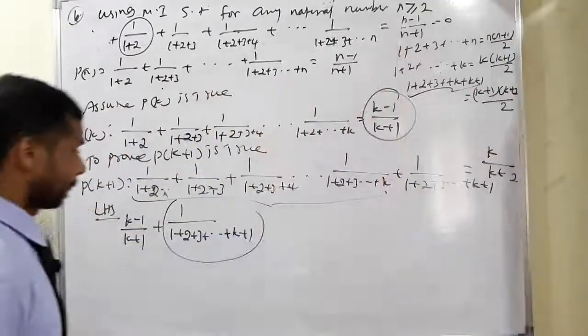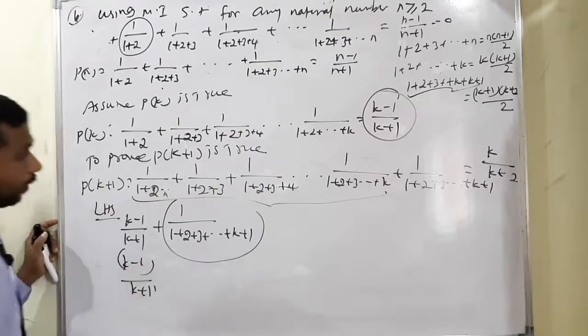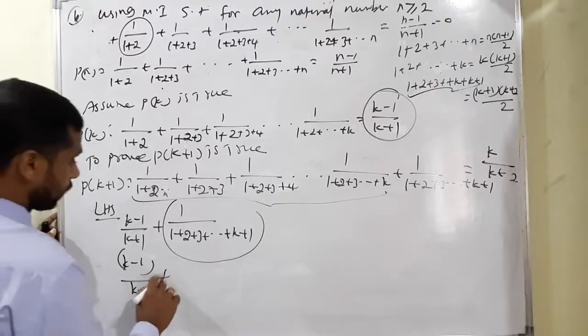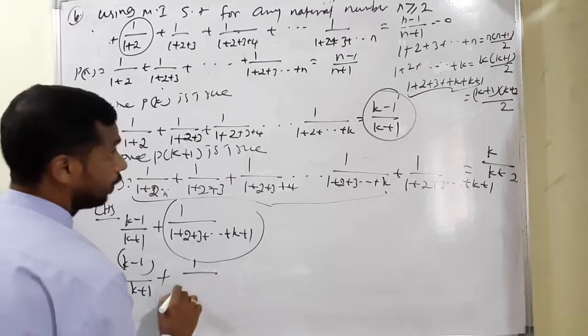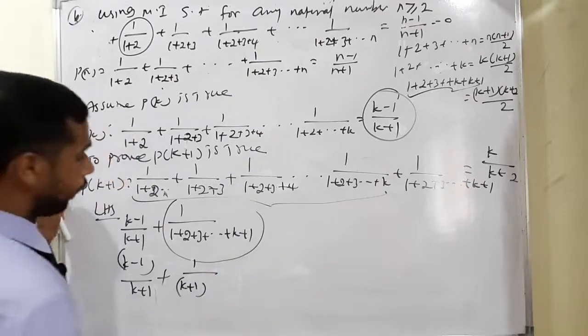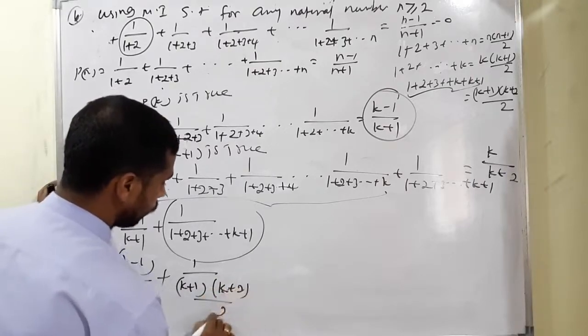Therefore (k minus 1) over (k plus 1), plus 1 by (k plus 1 into k plus 2 over 2).